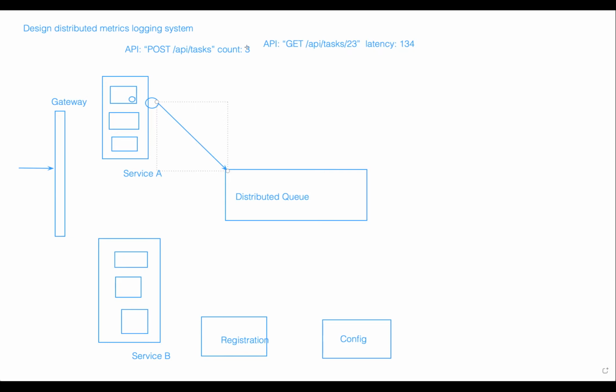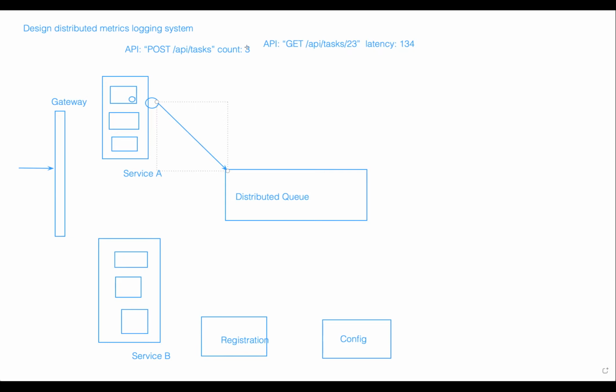All this data will be flushed to the distributed queue. It's kind of like a write-behind cache pattern. You do not push it every time, that would be too much. So you basically push every 5 seconds.